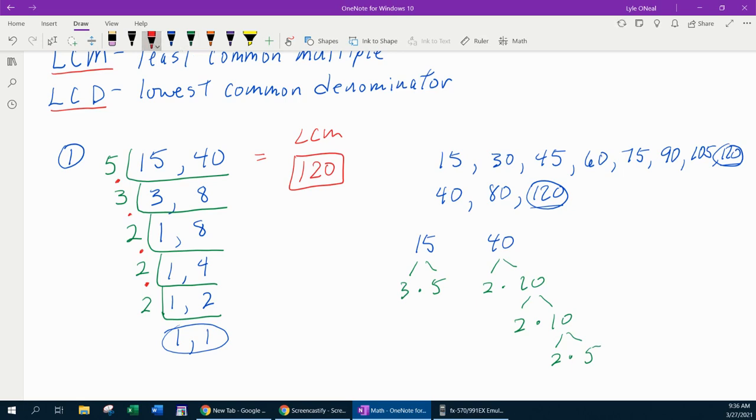Like here we have a common factor of 5, so we're only going to take one of those. There are no other common factors between 15 and 40. So the numbers that are left, 3 times 2 times 2 times 2 times 5, give us the same answer we had before.